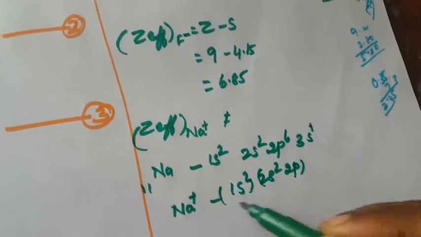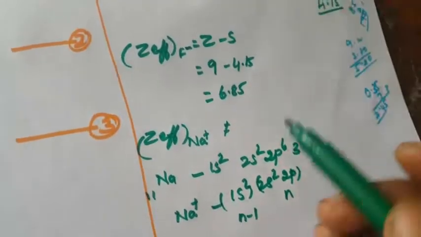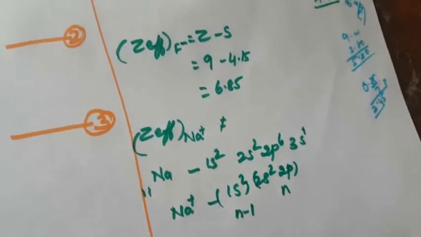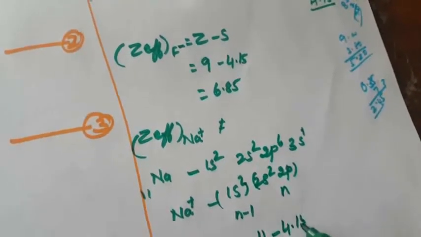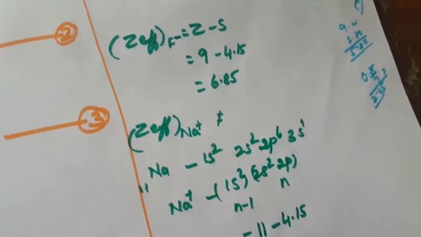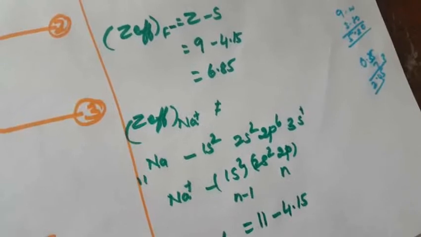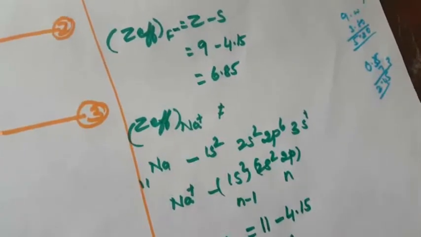So the grouping of electrons is the same, and the same values will be given. The S value will be the same for fluorine and sodium. So effective nuclear charge is 11 minus 4.15, equal to 6.85.